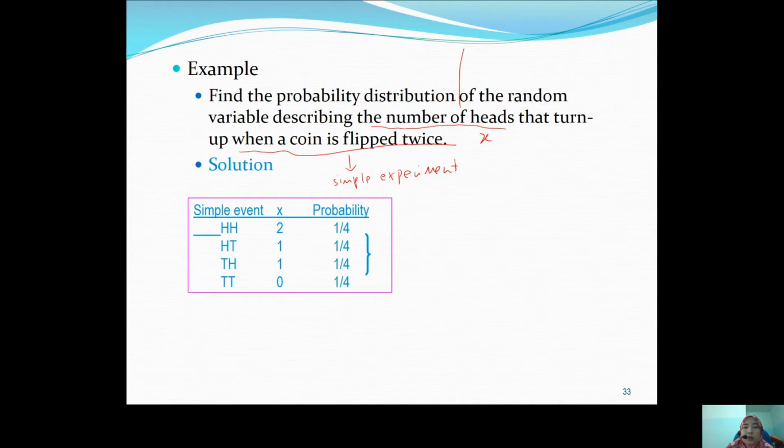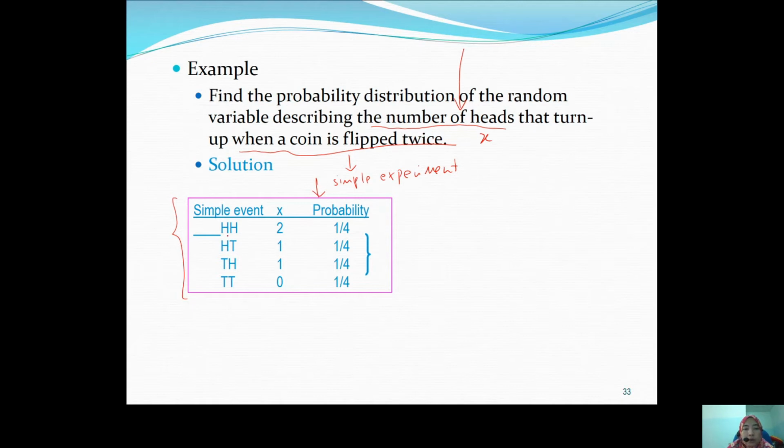Please take note of the meaning of X, because our discrete random variable can be changed, for example, to the number of tails. But in this example, X is defined as the number of heads turned up when a coin is flipped twice. Therefore, this table shows the possible outcomes, and we find their corresponding probability.